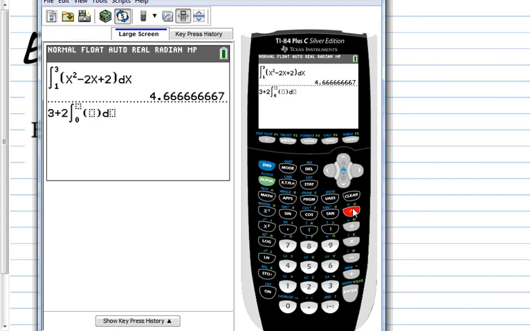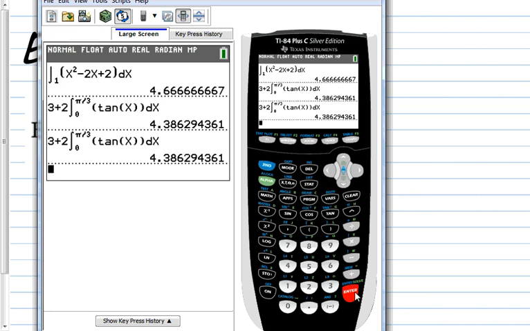So second pi divided by 3. Okay, pi over 3. And then tangent x. And then make sure that little box on the end has an x in it and hit enter. And then my answer is 4.386. Remember, in this class we do 3 decimal places. Oh, did I hit enter twice? Okay, that's it.